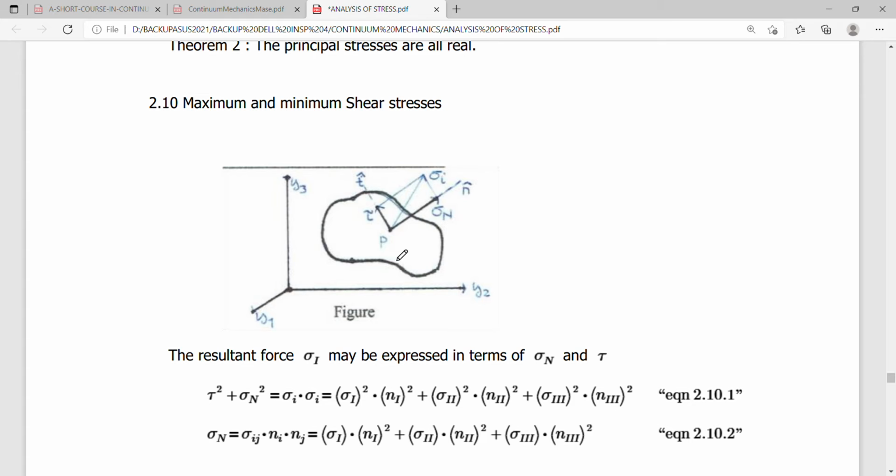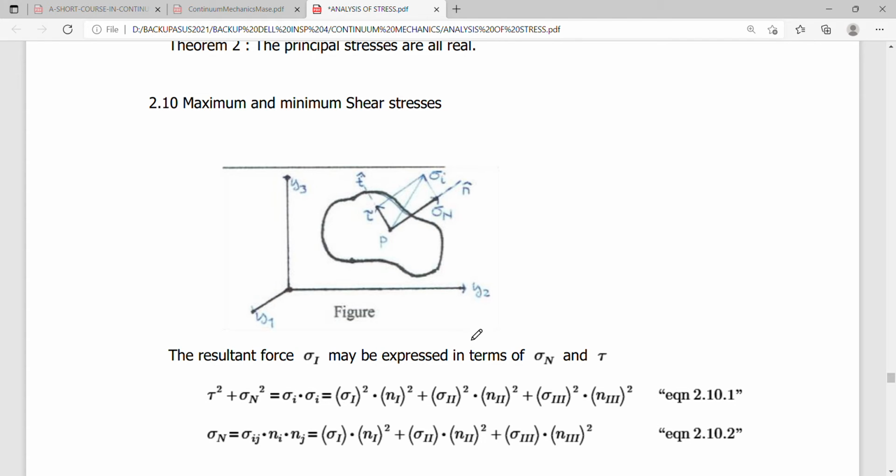So we now try to examine how the normal stress and the shear stress are related with the stress vector sigma I in relation to a two-dimensional Mohr circle representation.